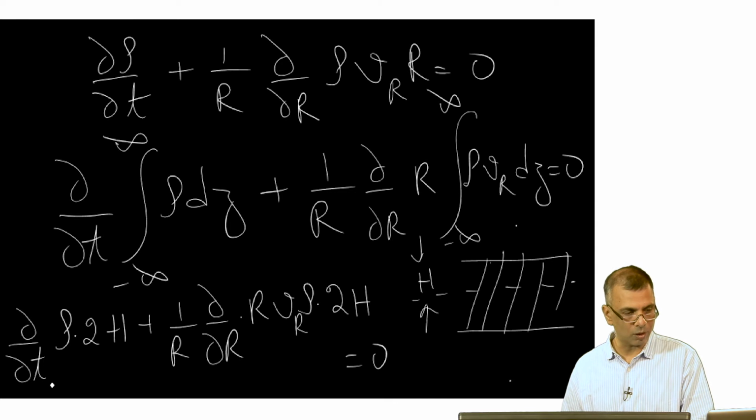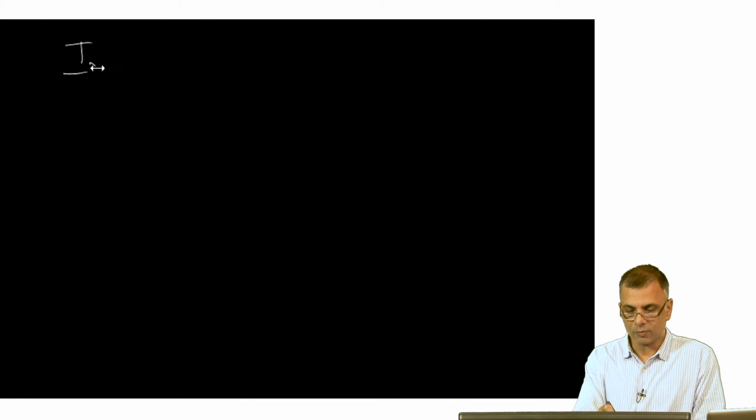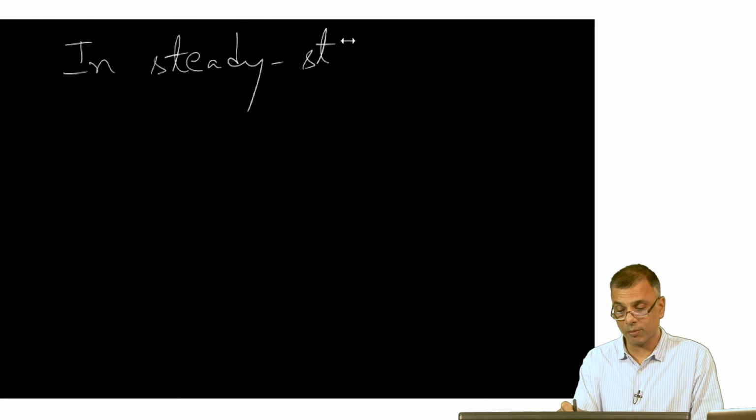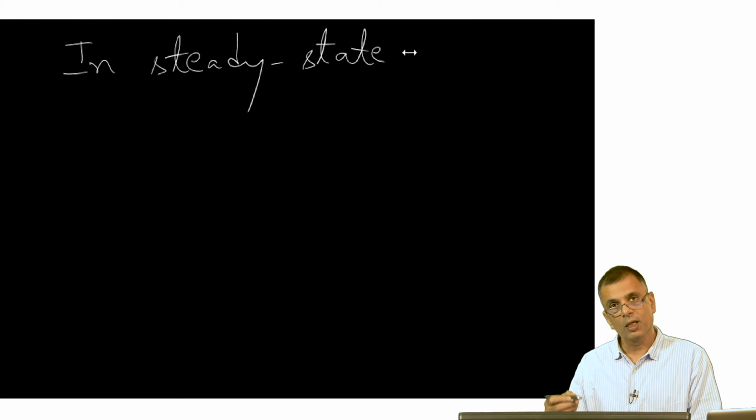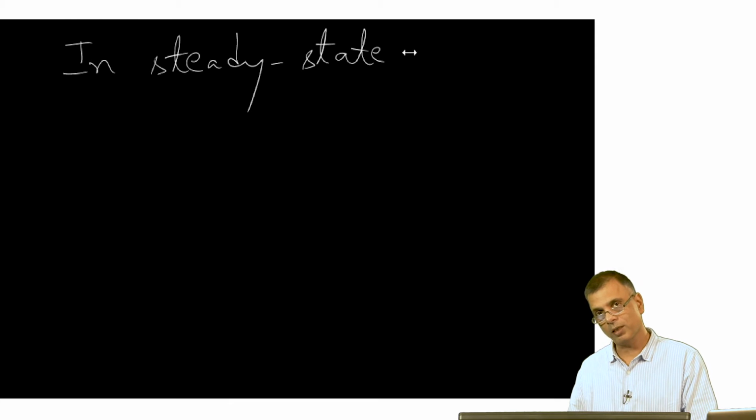And now what happens is I consider steady state, and you remember what we mean by steady state, right? Steady state simply means that according to the observer in the lab, there is no time variation.